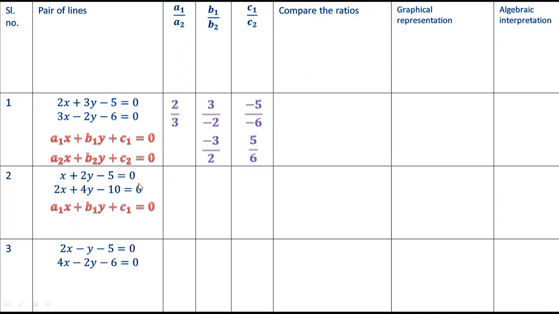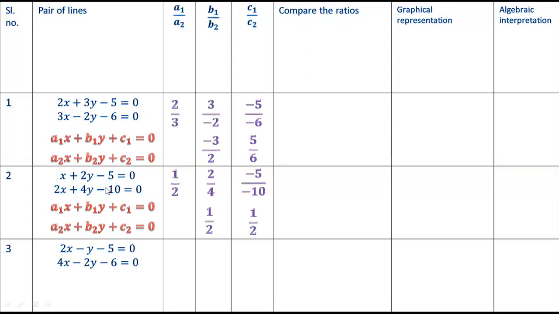Now look at the second example. Compare with the general form. So a1 by a2 is 1 by 2. b1 by b2 is 2 by 4. If you simplify this, that becomes 1 by 2. c1 by c2 is minus 5 by minus 10.